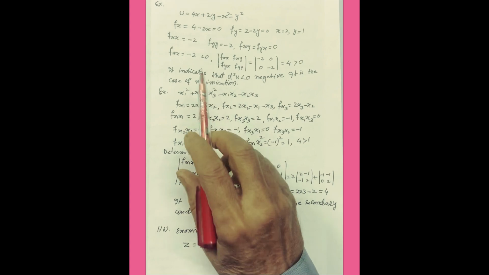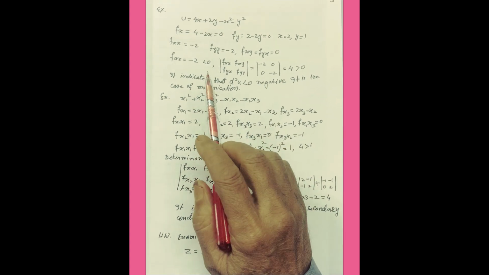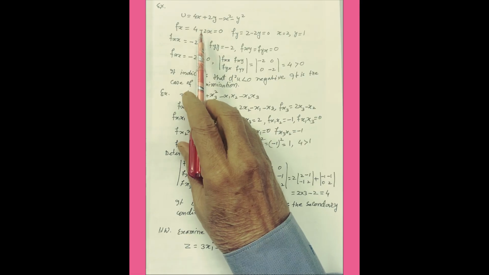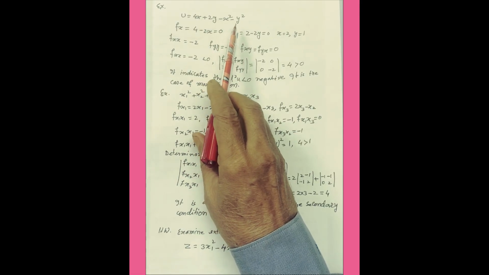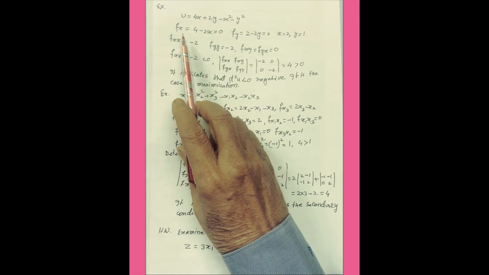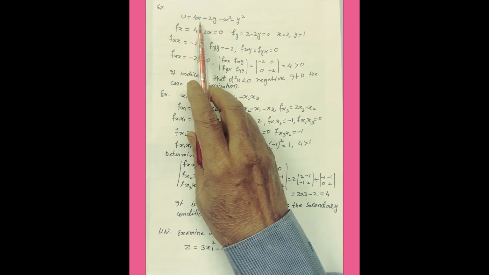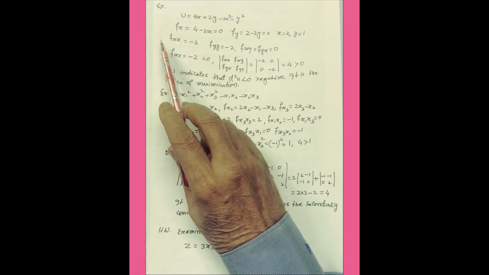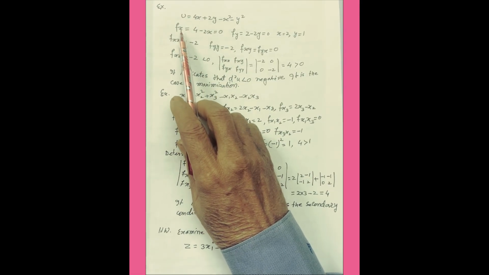Let us do one exercise. So u is equal to 4x plus 2y minus x square minus y square. Now what is fx? So variables are x and y. It's a multiple variable function, x and y. We can write fx or f1.